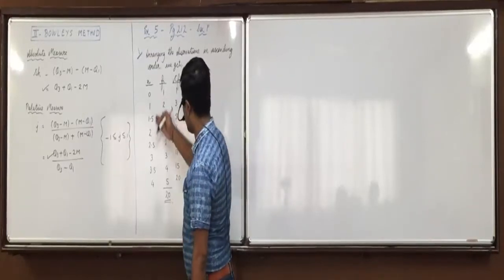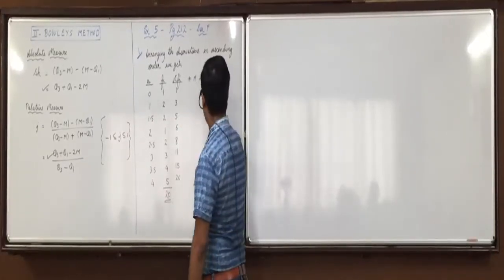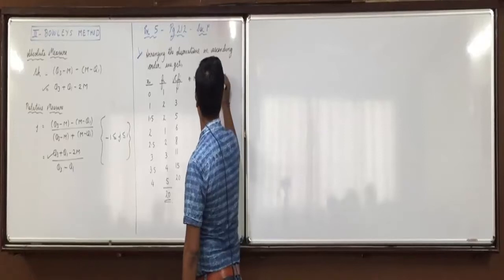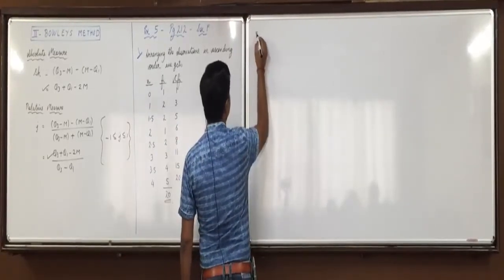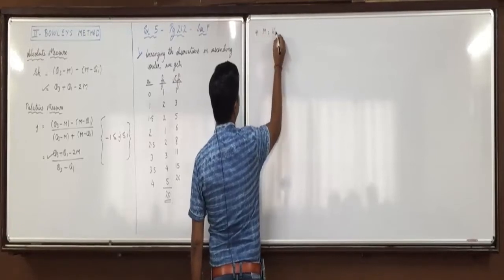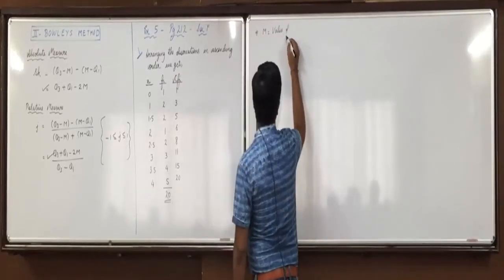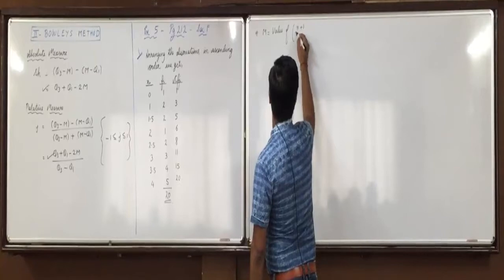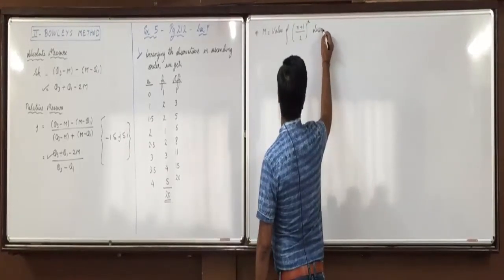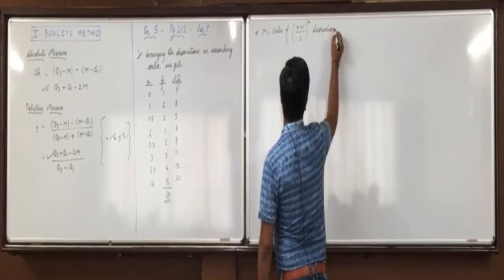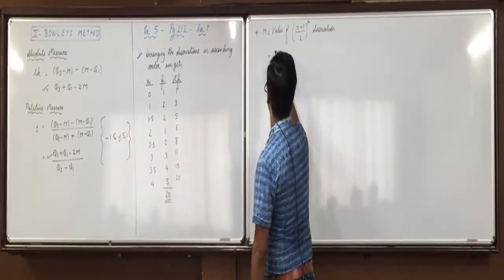Okay? Why keep writing this again and again? Value of (n plus 1) divided by 2th observation. Observation should not become ops.